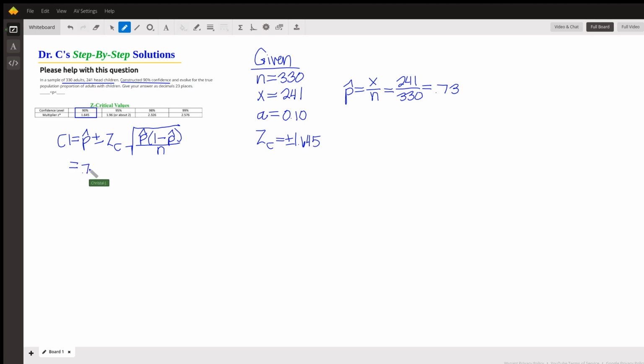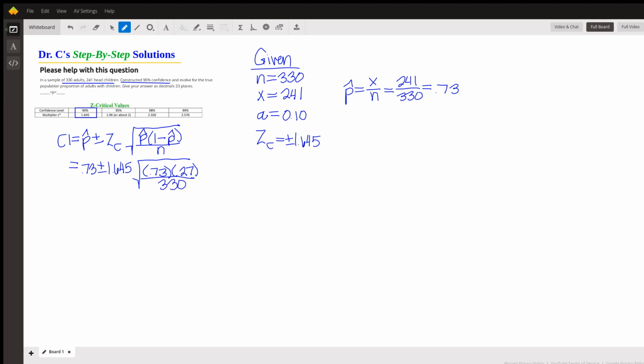So we're just going to fill them in. So 0.73 plus or minus 1.645 times the square root of 0.73 times 1 minus 0.73, which is 0.27, over n, which is 330.